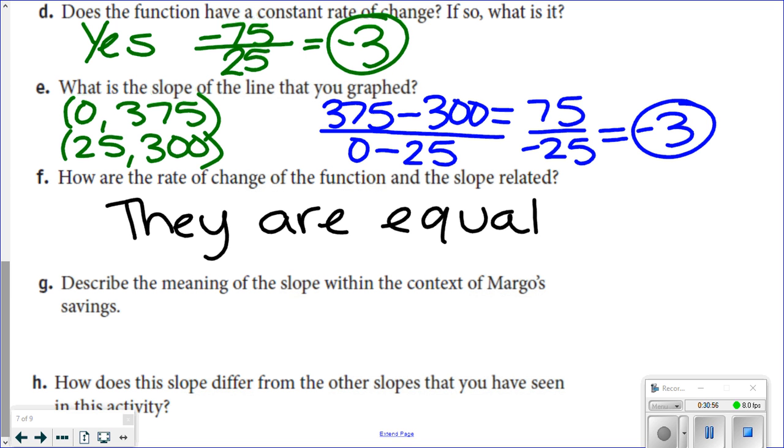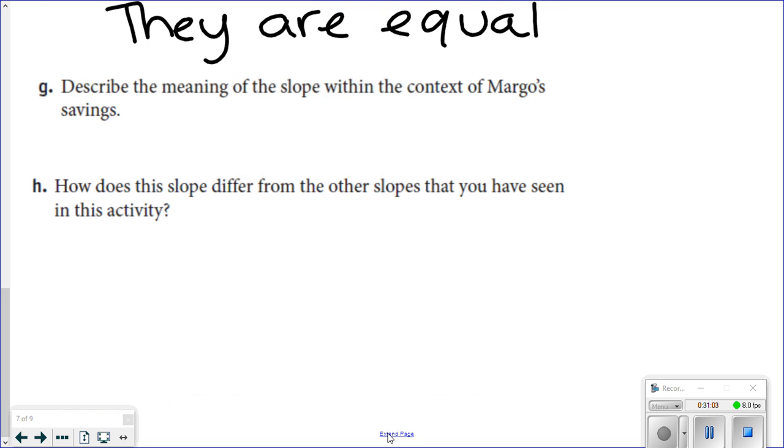Question G, describe the meaning of the slope within the context of Margot's savings.